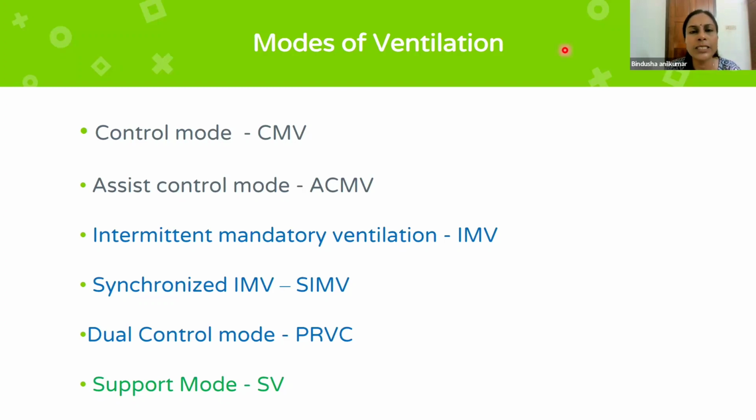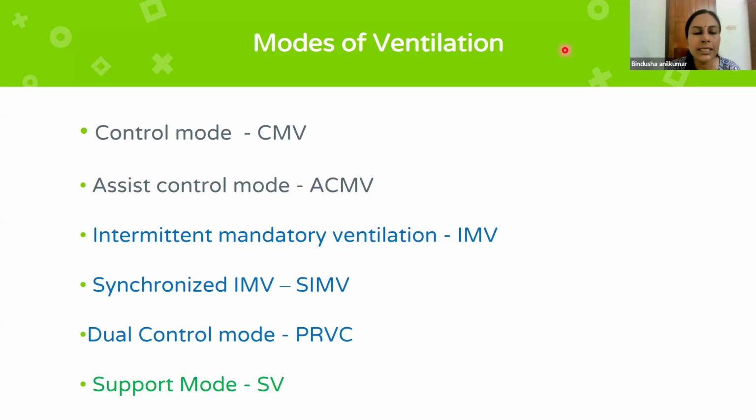All our ventilators, even though we are keeping the patient in the control mode, what we need to know is that this is assist control mode. That means that the patient can breathe in between, and all the breaths which are initiated by the patient will be completely supported, completely assisted by the ventilator. So ACMV is the mode that we usually use.